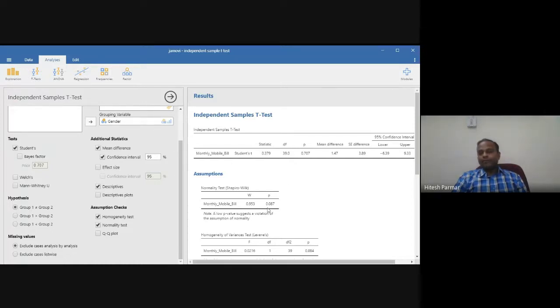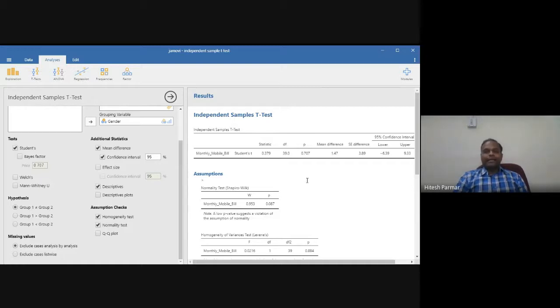Depending upon the W calculated value, the software generates the p-value, and final conclusions are taken based on the p-value.